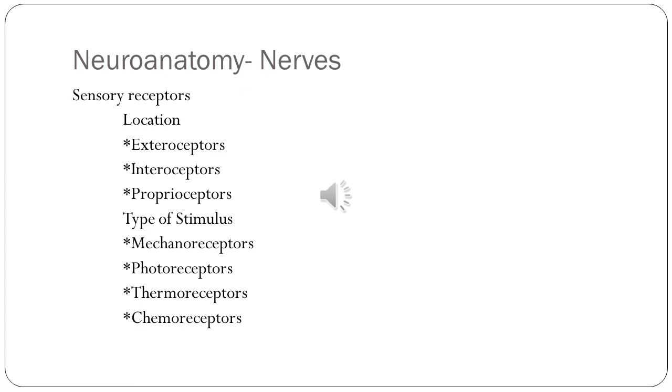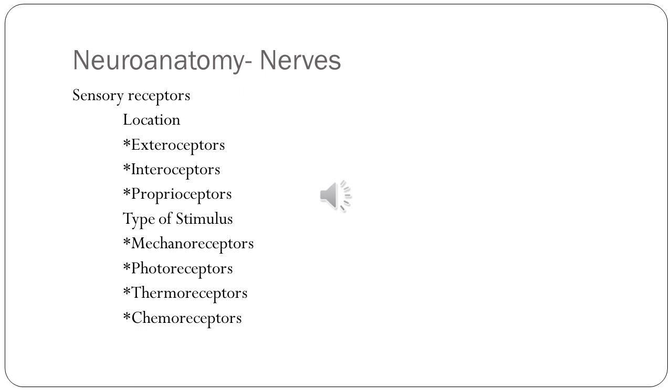So continuing on looking at nerves, you have your sensory receptors. When we look at the nervous system, we have sensory function and we have motor function. The first component of the sensory system, which is obviously going to be important as it relates to pain, is our actual sensory receptors.